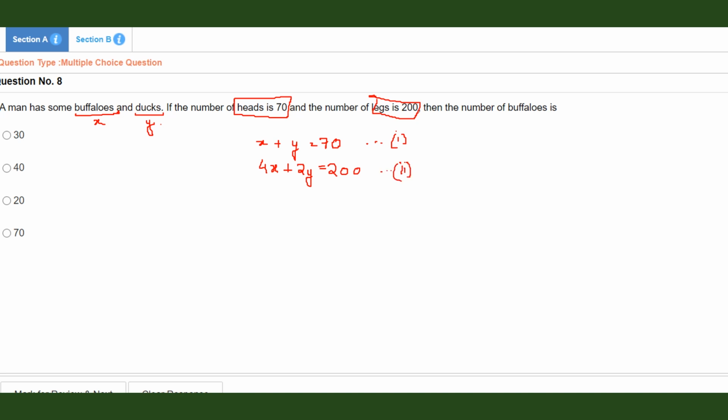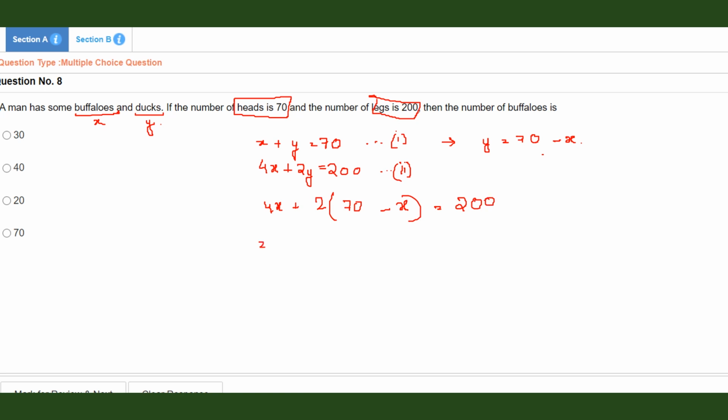And if we solve from here, from equation 1 we can write that y is 70 minus x. Okay, now if we write this value of y in equation number 2, we will get 4x plus 2 into y's value, which is 70 minus x, equals 200.